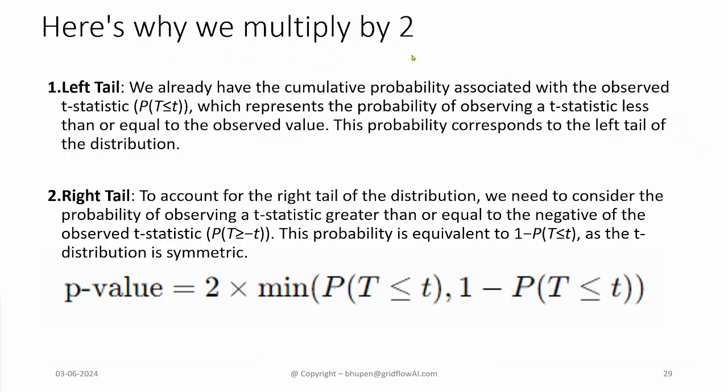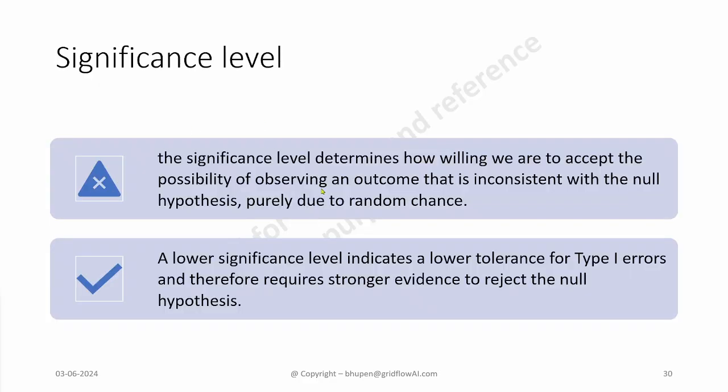So this is why we multiply by 2, basically to account for the left tail and also the right tail in a two-tail test. If the test is only one tail, meaning either greater than or less than, then we are not going to multiply by 2.